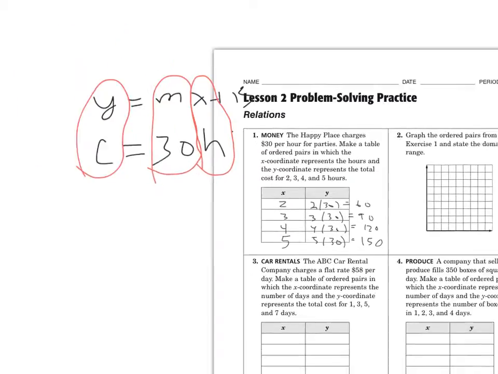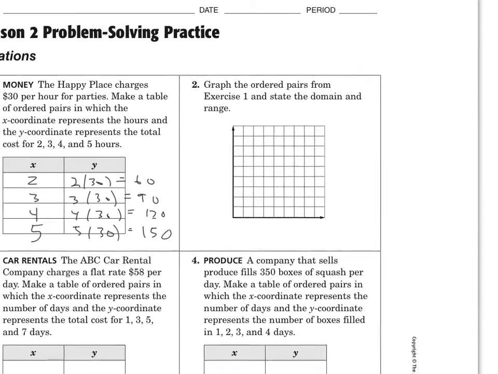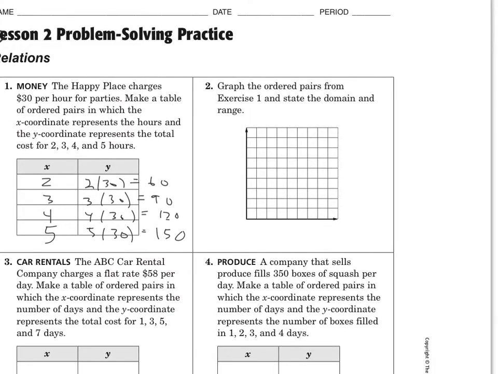Okay? Number 2, it says to graph the ordered pairs from exercise 1 and state the domain and range. Well, the domain and range are quick and easy, so let's do that first. The domain is the x values, and the x values, they actually gave them to us, are the 2, 3, 4, and 5 from the table.